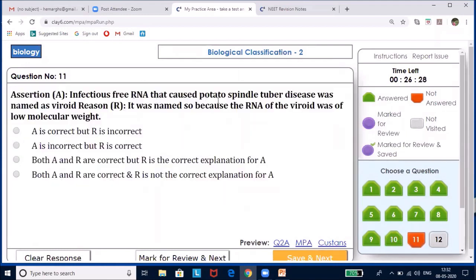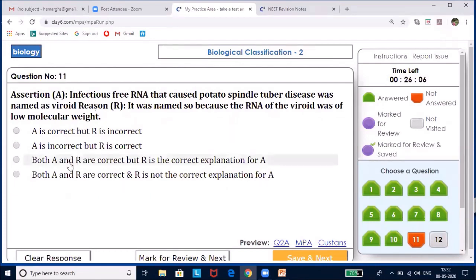Infectious free RNA that causes potato spindle tuber disease was named as viroid. So that is true. It was named so because RNA of the viroid was of low molecular weight. No, as I said, it was called viroid because of its lack of protein coat or the capsid. So if you look at it, what would be the option?